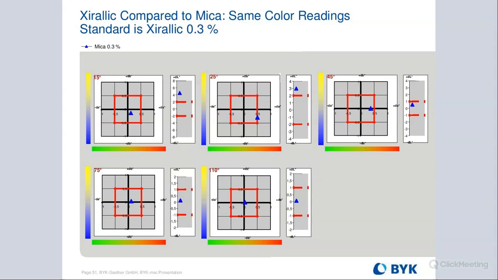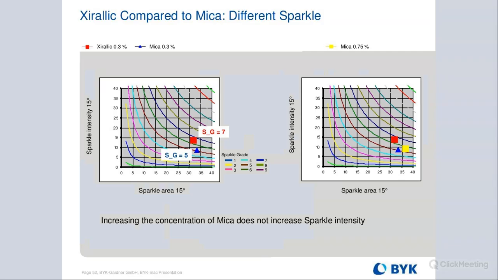And for these two panels, just for color, the color numbers look really good, so you wouldn't think there's an issue with color. But when we look at the sparkle numbers, the cerulean is definitely much more intense than the mica panel. Even if we increase the concentration of the mica in this panel, we just increase the area, because the area is going across the x-axis and the sparkle intensity is on the y-axis.